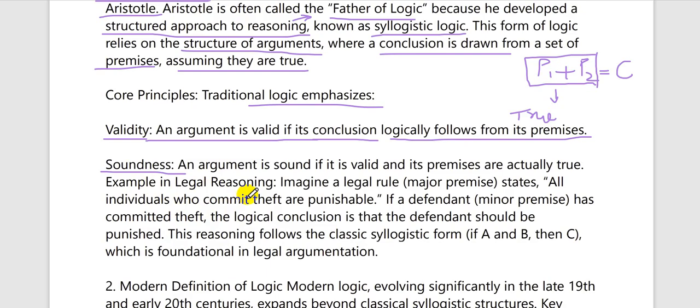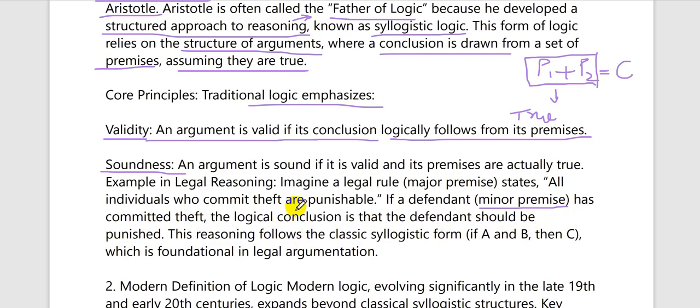So for example, in legal reasoning, imagine a legal rule. The major premise, that is, the legal rule, states all individuals who commit theft are punishable. So if a defendant has committed theft, these are known as minor premises or minor statements, the logical conclusion is that the defendant should be punished.